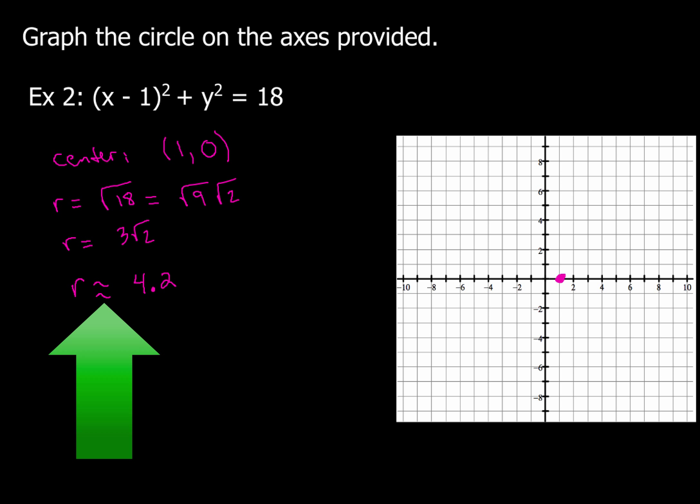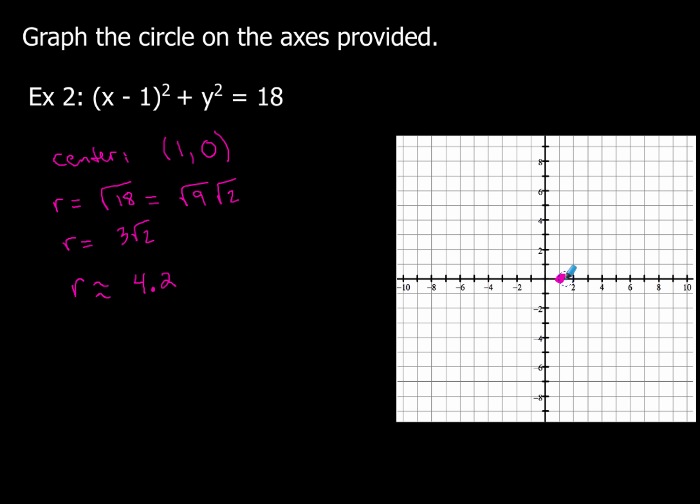So again, same kind of deal as before. I'm going to go 4.2 to the north, so if I'm going a little bit more than that, 1, 2, 3, 4, and a little bit more, so I'm going to estimate that about right there. 1, 2, 3, 4 to the right, and then my 0.2, so I'm going to be about right there.